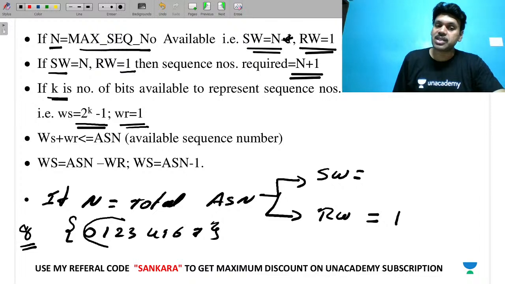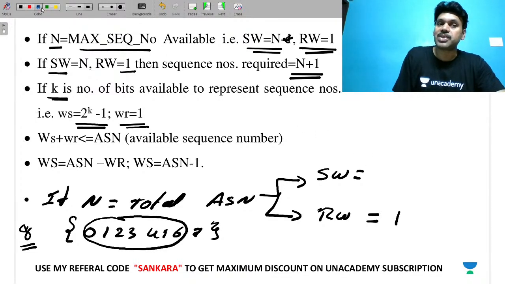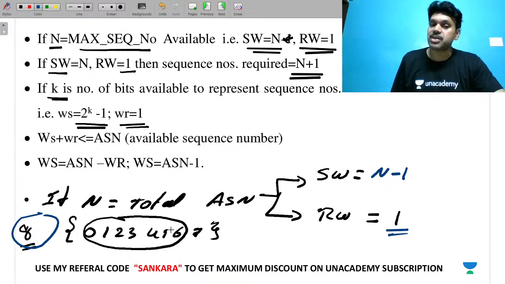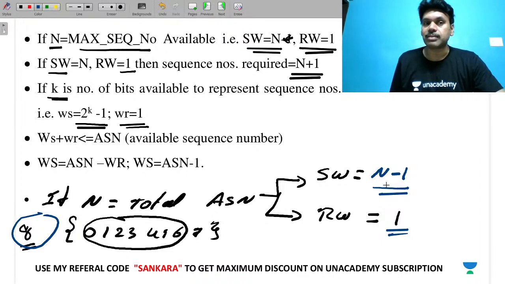So the sender can send only this much, which is nothing but your sender window size: n minus 1, and the receiver window size is 1. Because the total sequence numbers are 8, the sender can send only 7 in order to avoid ambiguity. So we have set your window size from 2 power n to 2 power n minus 1.